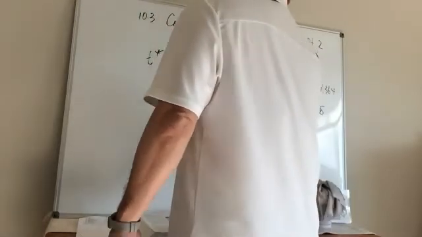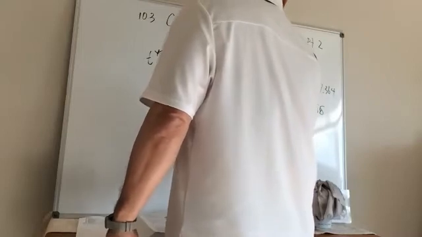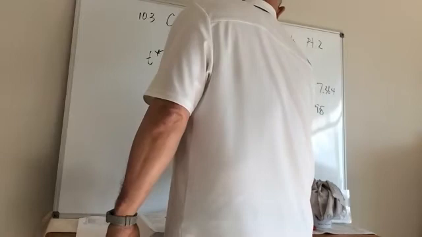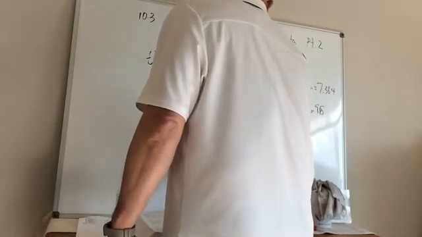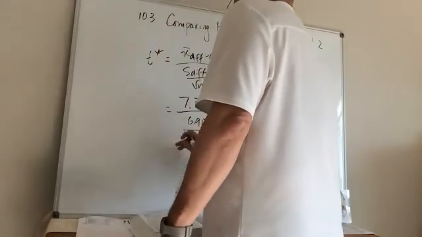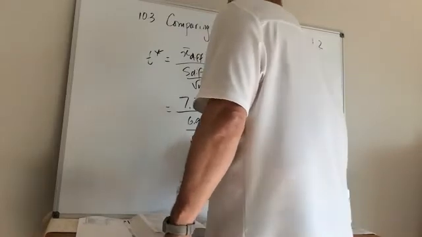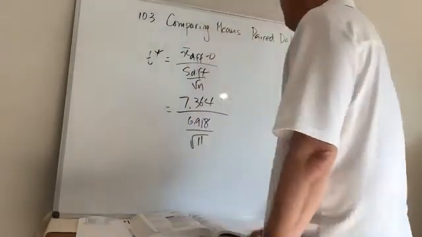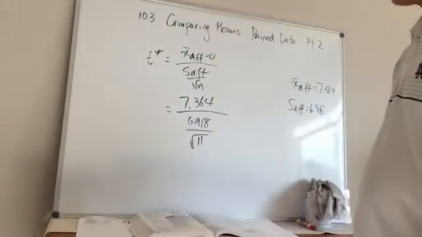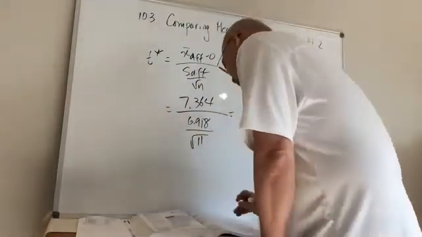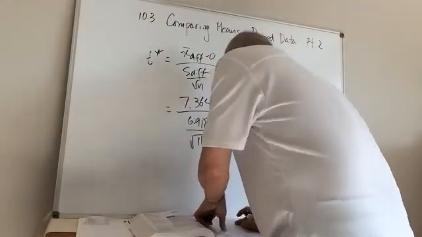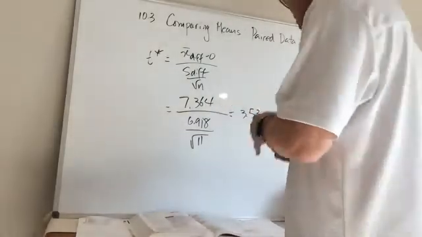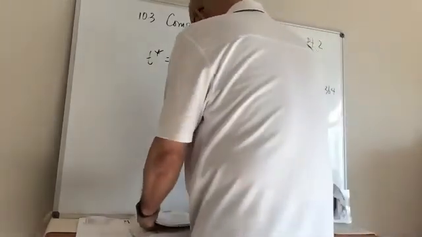So we're going to get 7.364 over 6.918 over the square root of 11 or 12. Is it 11? 12? 11. If I calculate this, I am going to get 3.53. So now we go back to our table, T-3.